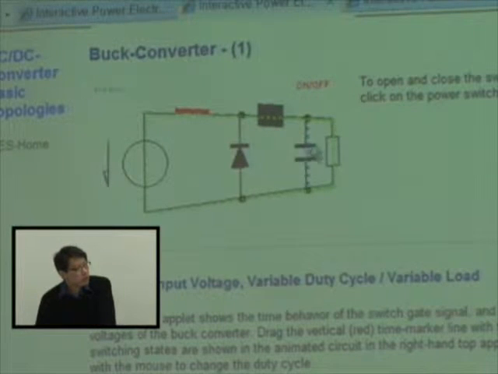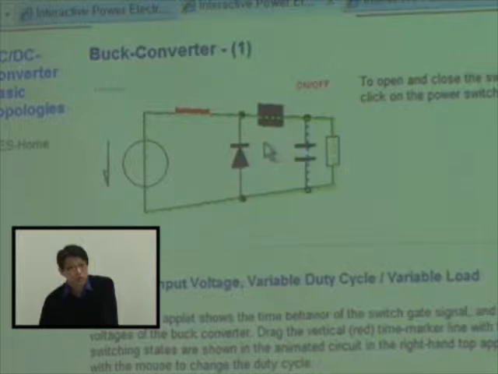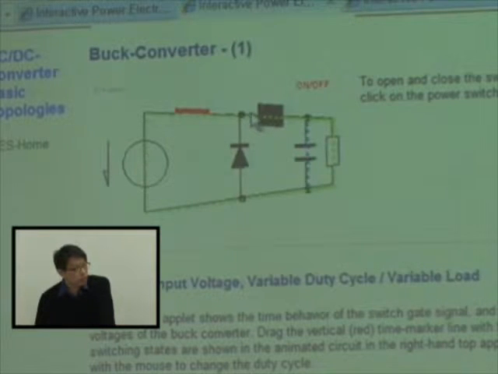What about the capacitor? Is it charging or discharging? Charging. So the voltage source is now providing power both to the load and to the capacitor. And to be exact, it also supplies power to the inductor.